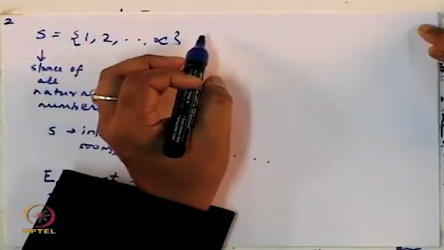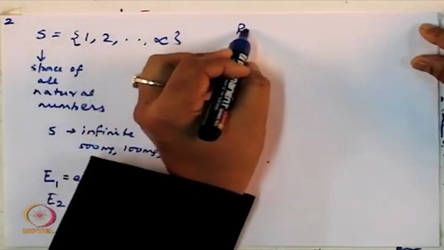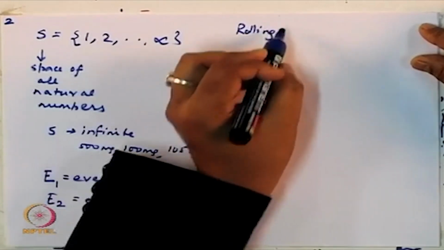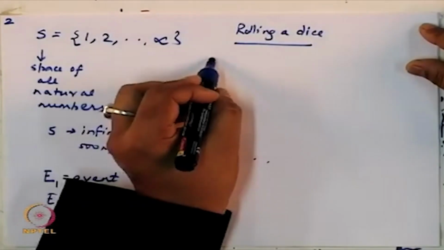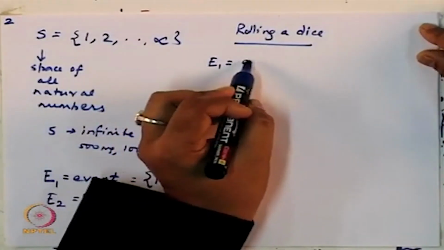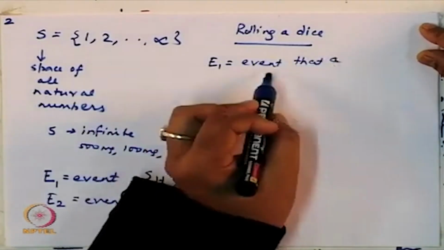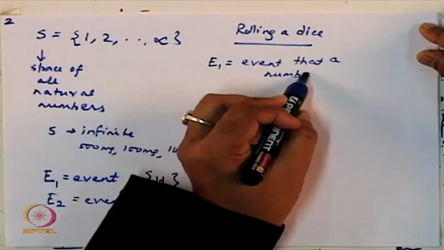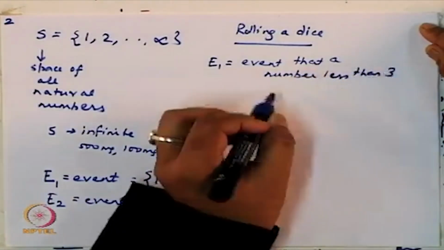Depending on the type of event that I want to define, let us say I have a rolling of a die. I say event E1 is the event that a number less than 3 appears.